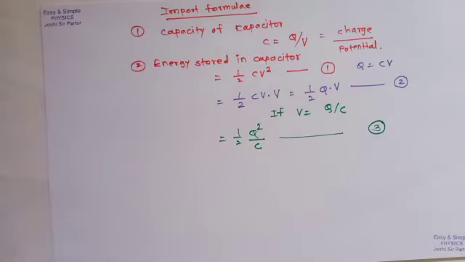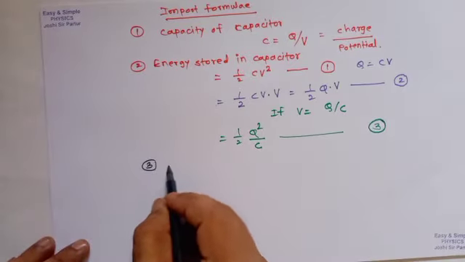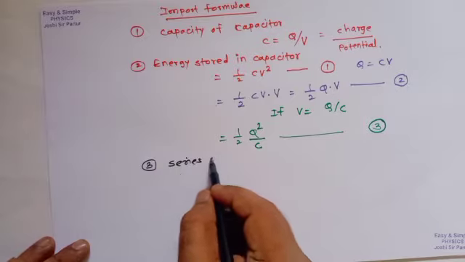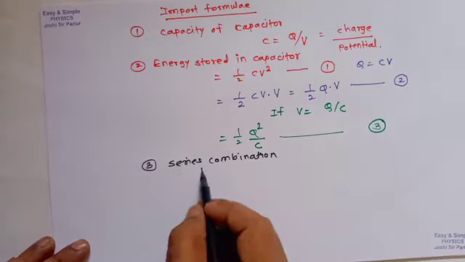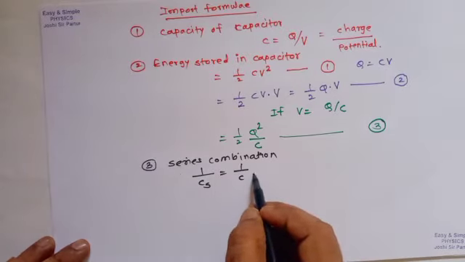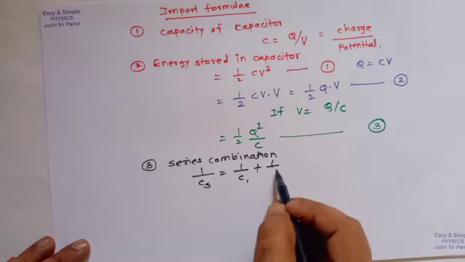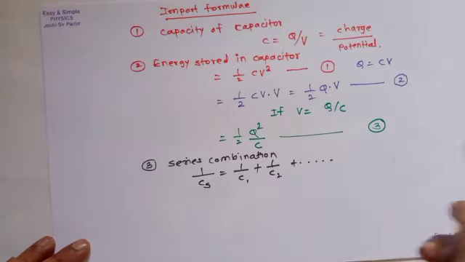But for series combination, the resultant capacitance will be the reciprocal of the sum of reciprocals of each capacitor's capacity.